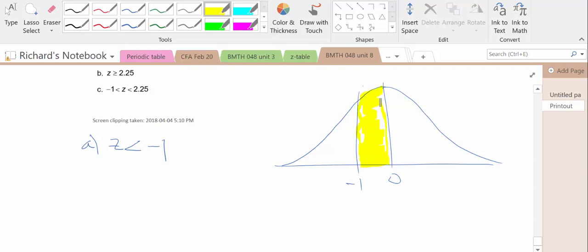So this isn't the percentage of scores less than z minus 1. This is the percentage of scores between 0 and minus 1. So let's discover what percentage of scores lie between 0 and minus 1.